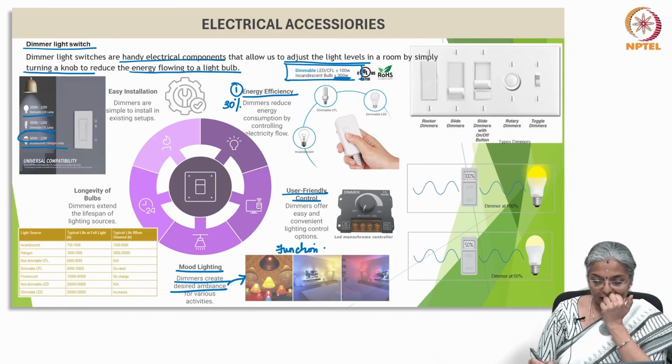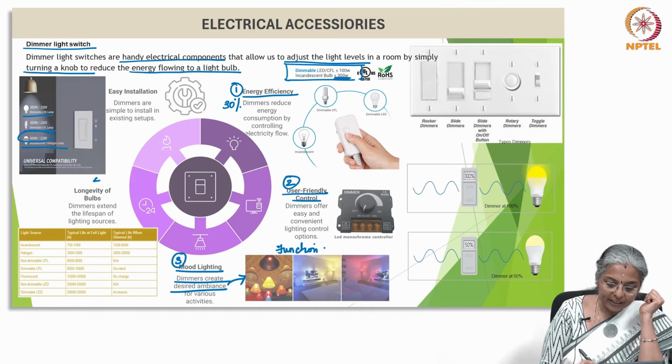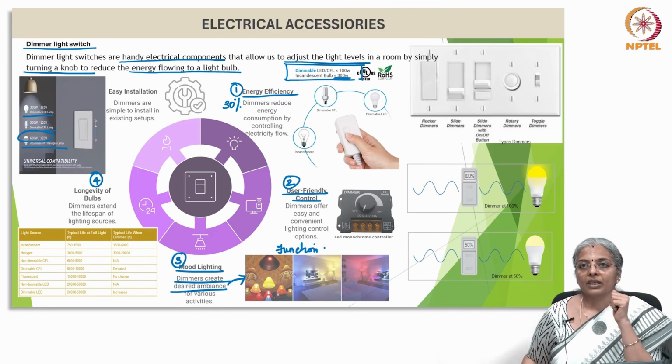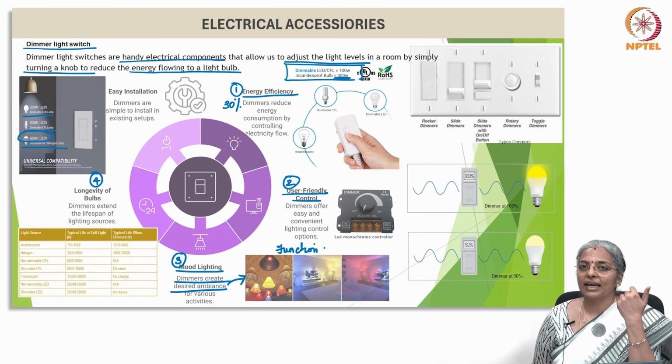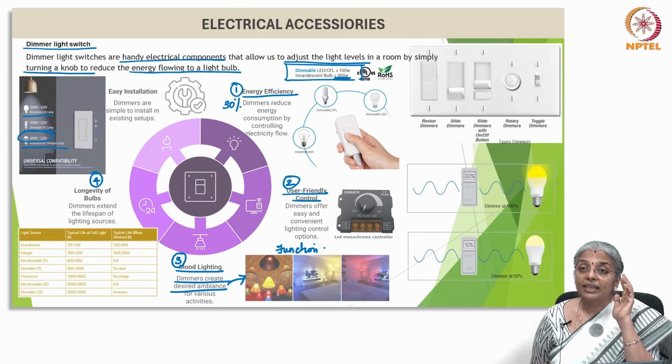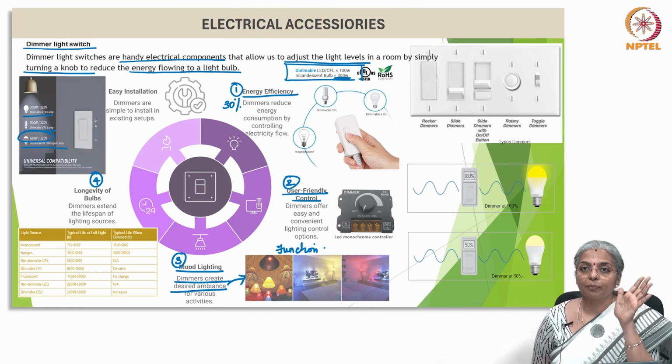Then the fourth is longevity of bulbs. So, dimmer switches are extremely useful in elongating the lifespan of the electric bulbs and LED lights. They have the ability to reduce the time duration of the highest energy point and hence increasing the longevity of various light sources.